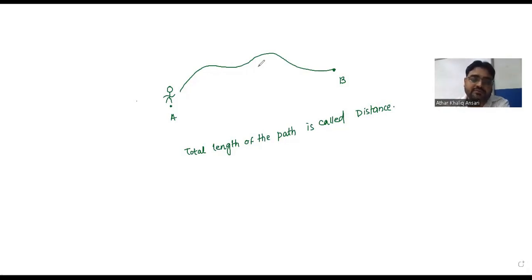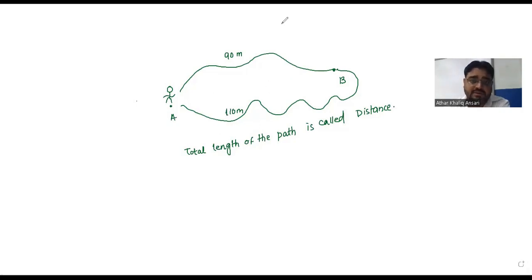You move from this to this. Let's say you traveled 90 meters to reach B. If from the same position another friend moves like this and reaches position B by covering 110 meters, his distance is 110 meters even though the points were the same.